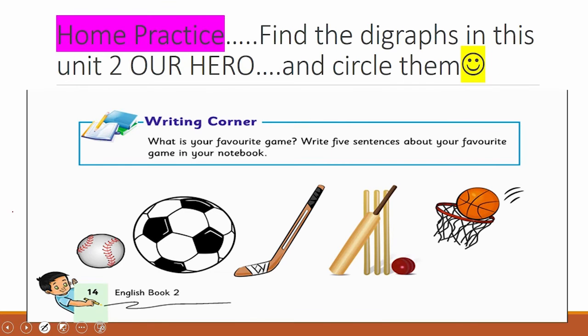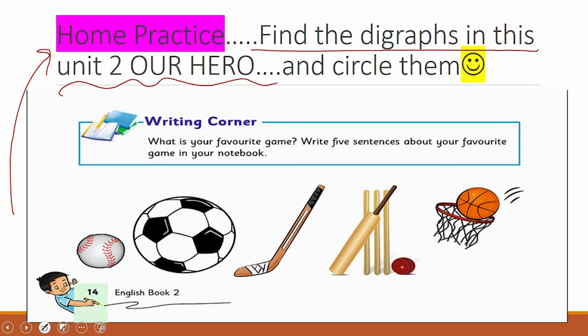So let's do some home practice now. Find the digraphs in this unit, Our Hero, and circle them. Which 2 consonant digraphs did we just do in the class today? We did kl and we did kr.